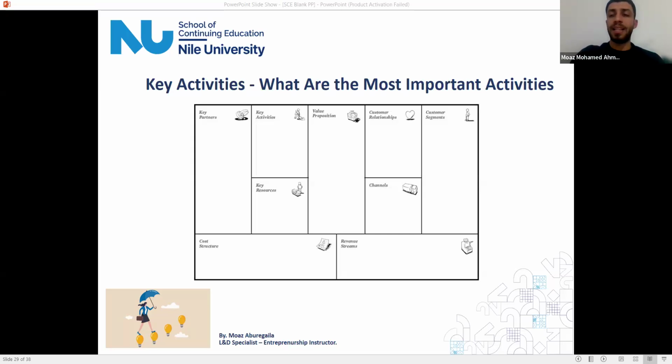What are the activities needed to perform in order to deliver the value proposition or to make the business model work? Yasemini?